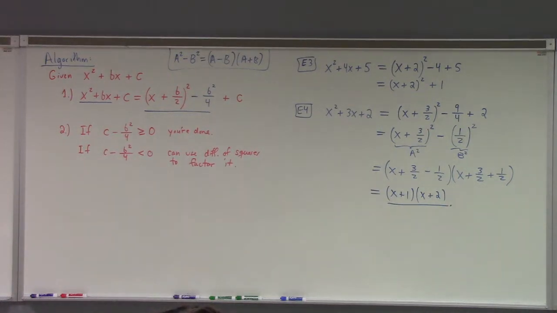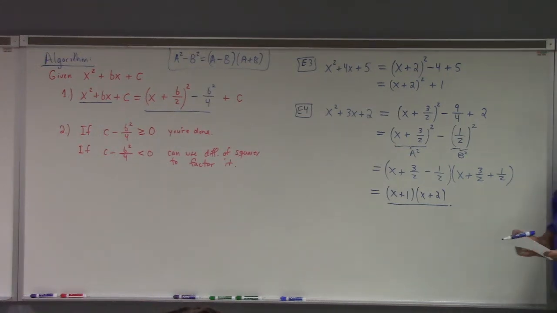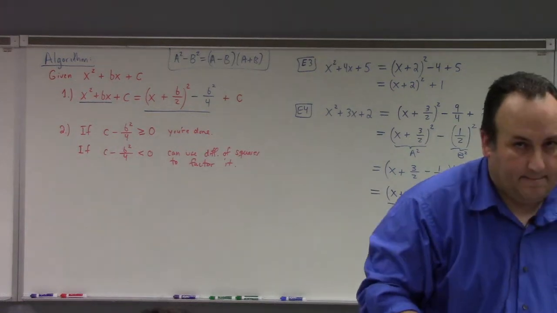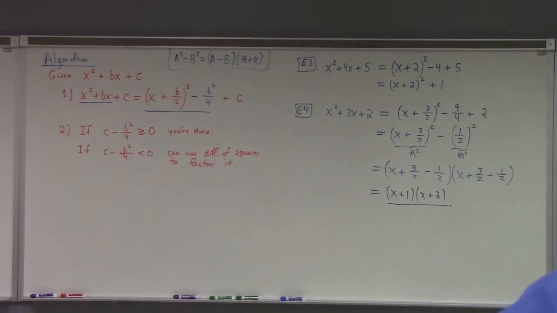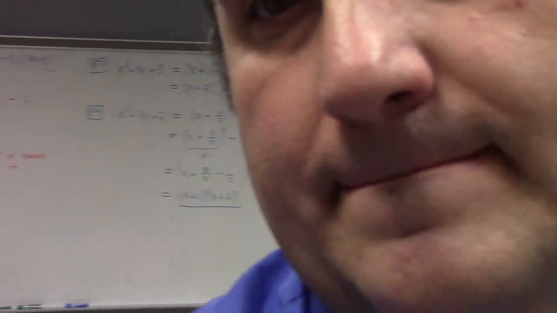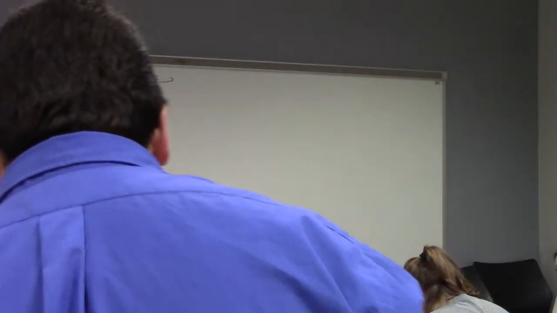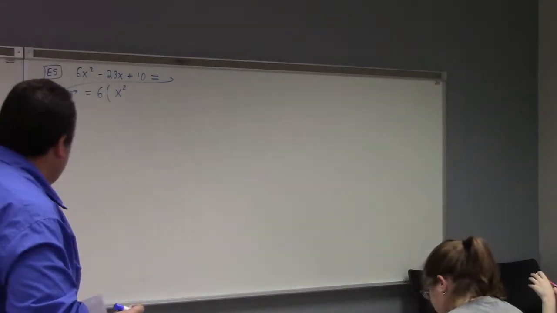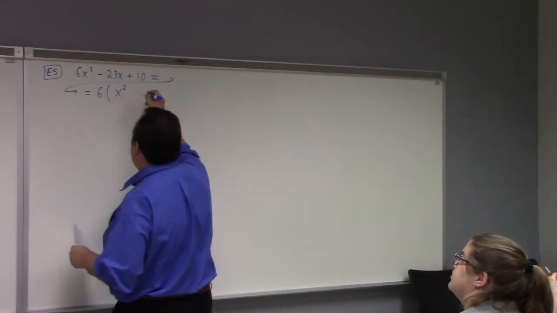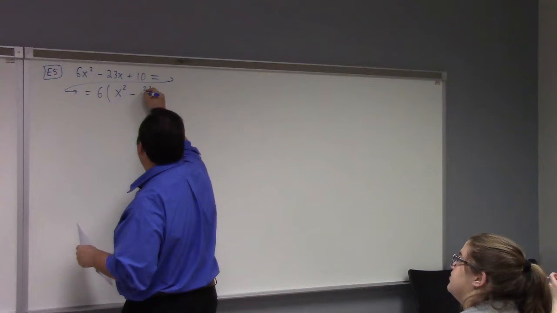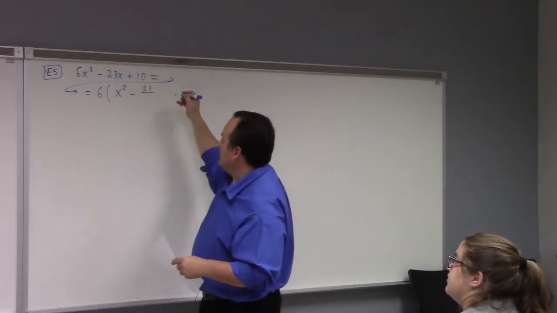How do we do that? How do you factor a 6 out of this? Six times what? Well, I'll do the easy part, x squared. What comes after that? Minus 23 over 6, yeah.